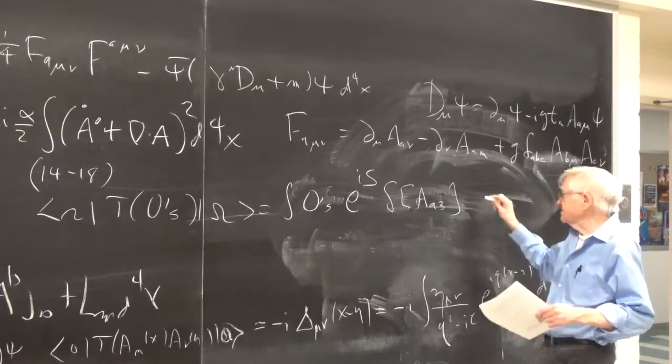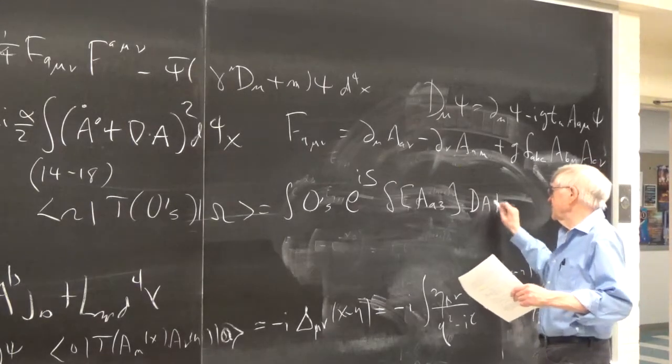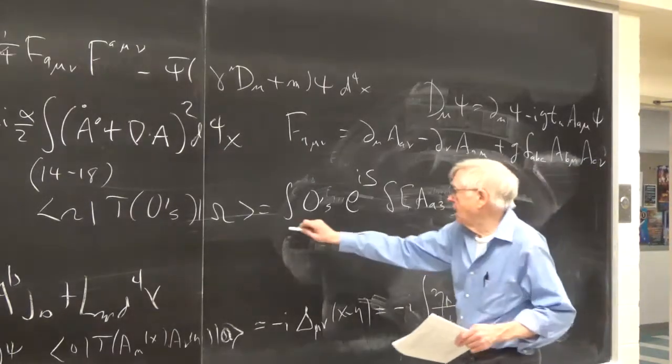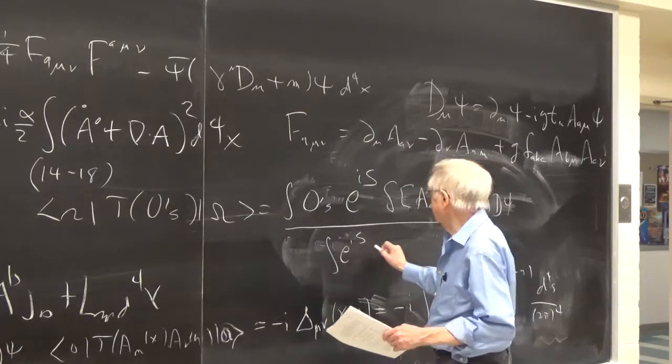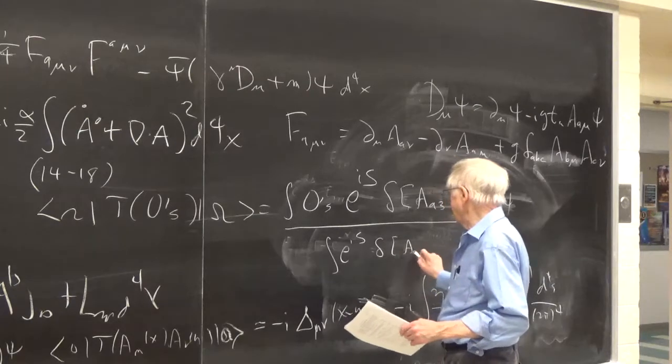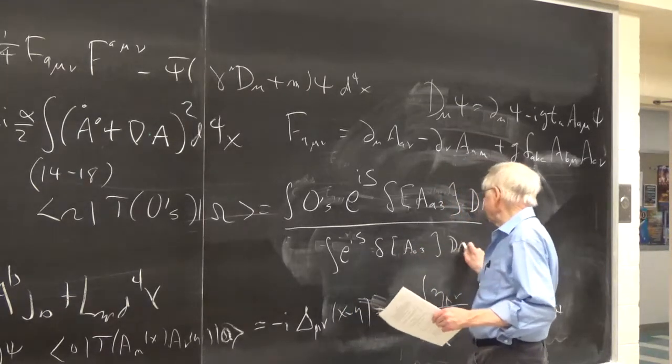This is called axial gauge, and then we have dA dψ over e to the iS delta A^3 dA dψ.